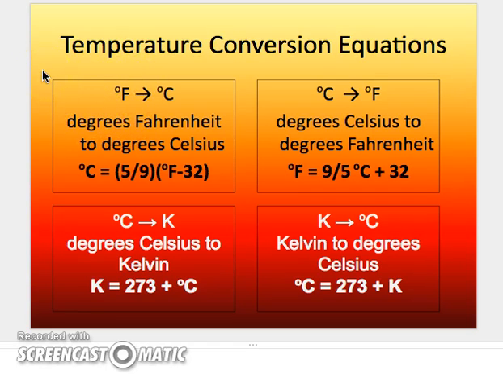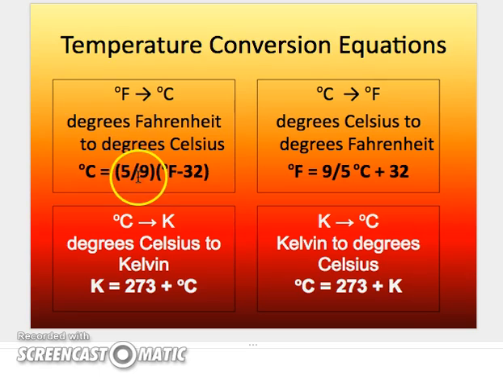Now to convert this to the Celsius scale, in your mind you may be like, why would we want to do that? Well, we do that mainly because almost everybody in the world uses the Celsius scale. We don't. So it's always good for us to be able to communicate globally.